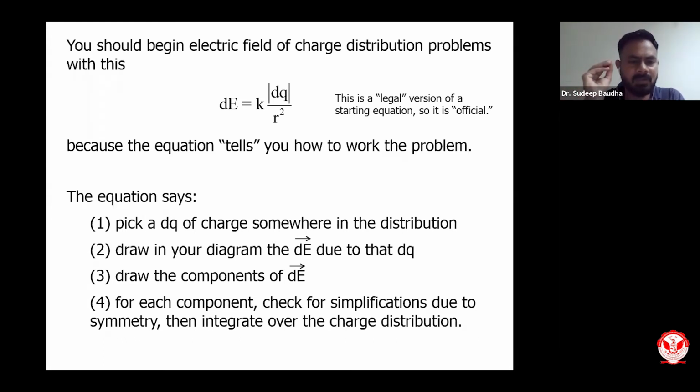Then we will draw the components of del E. So del E can have an x component, y component, and z component. For each component, we check for simplification due to symmetry. Then we can integrate over the charge. So these are the steps. We will try to locate a small segment in the rod, which will be dq.